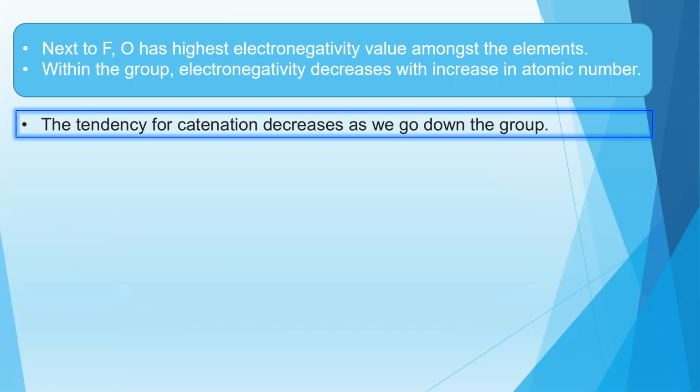Catenation means linking of atoms in a long chain. That is the reason why carbon compounds are available in nature, because carbon can form any number of bonds with a long chain. Similarly, the oxygen family also has the tendency for catenation, but the tendency decreases as we go down the group.